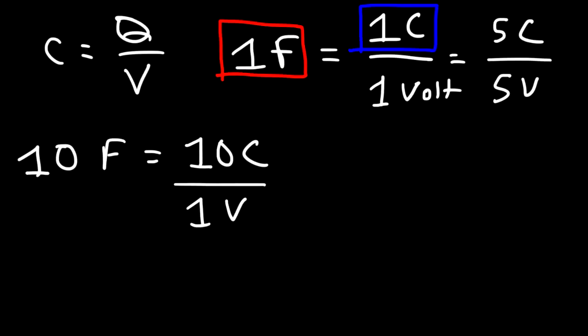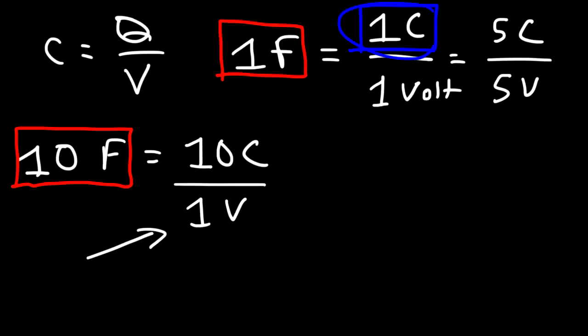But if we have a 10 farad capacitor and we apply the same 1 volt battery to it, instead of storing 1 coulomb of charge, we can store 10 coulombs of charge. And so the capacitance tells you how much charge can be stored in a capacitor per 1 volt applied to it.